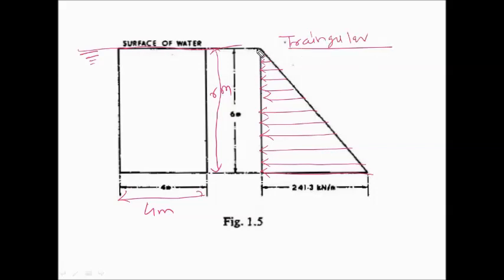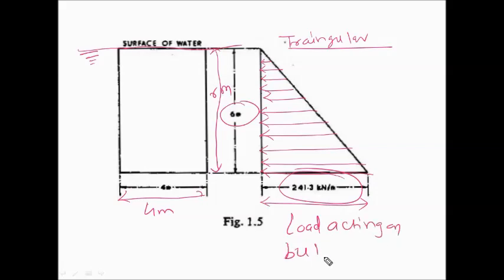The height of the load diagram will be the depth of the bulkhead, and the base width of the triangular load diagram will be the load acting on the bulkhead per unit depth.